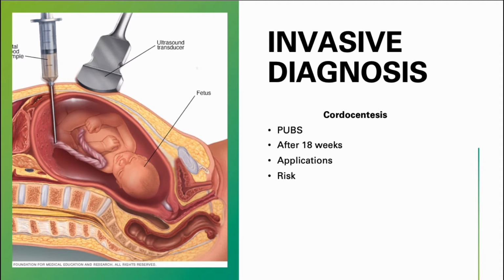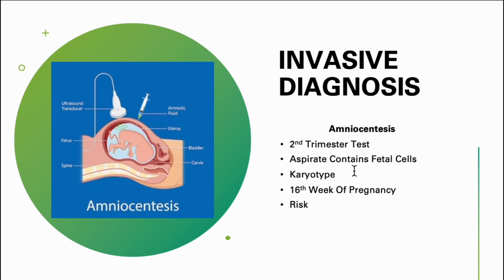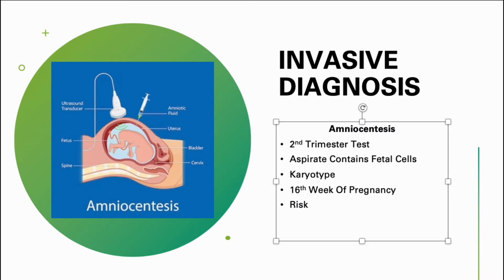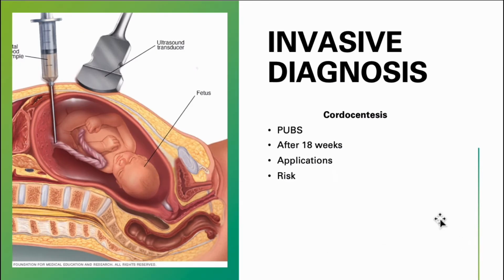A little bit more risky, whereas in the case of an amniocentesis, we said about 1 in 300 maybe, or 1 in 500. For this one, it could be 2 in 100. Chance of miscarriage. So again, it carries a significant amount of risk that comes with it.